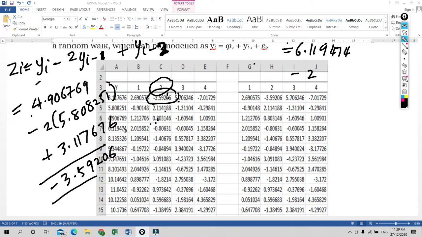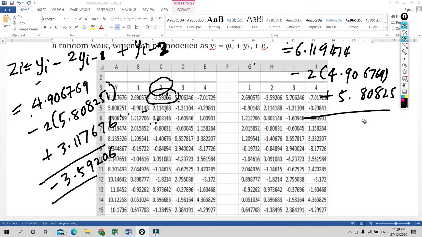For this case, yi minus 1 is 4.906769, then plus yi minus 2, which is 5.80825. So the answer here is 2.114188. This is how we get this value.